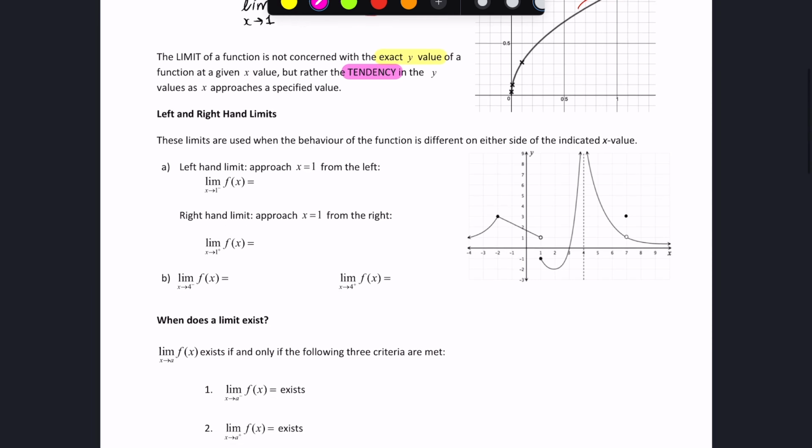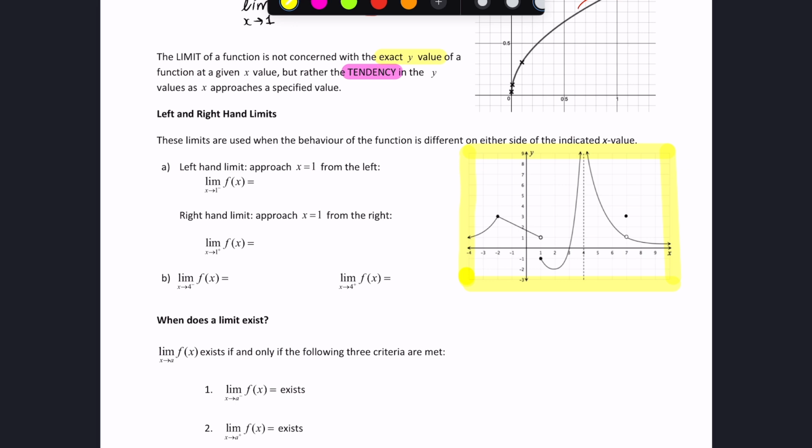So these limits are used when the behavior of a function, again, is different on either side of the indicated x value. So the left-hand limit approaches x is equal to 1 from the left. The graph is here that we're looking at, and the functions are provided to us.